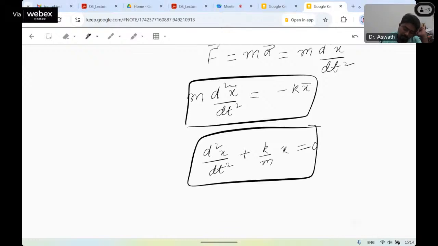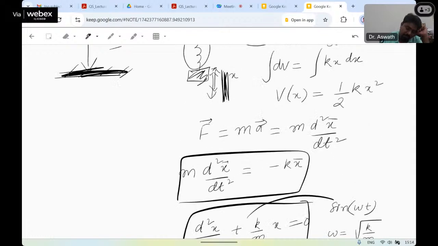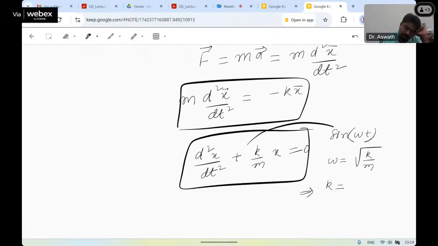This will have a sinusoidal solution, sine omega t, where omega is root of k by m. So the spring constant in this particular situation is equal to m omega square.